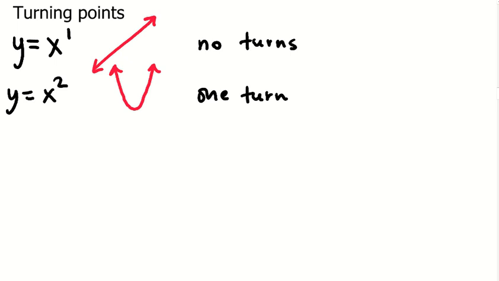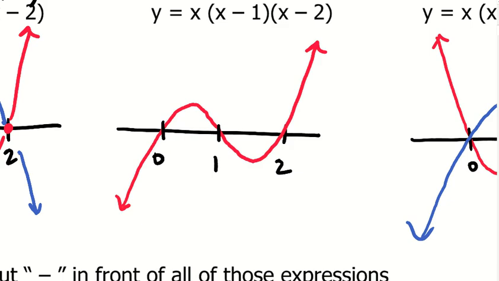Okay, y equals x to the third. Well, we can see that doesn't really have any turns. Remember, it got flat and then it kept increasing. But we do have that other one. This one. Okay, here I see 2 turning points. So I'm going to copy that.